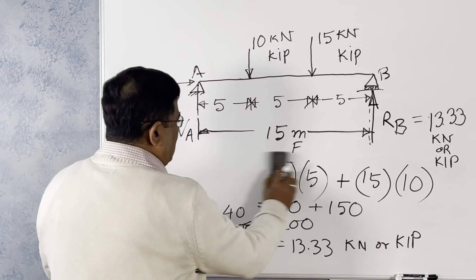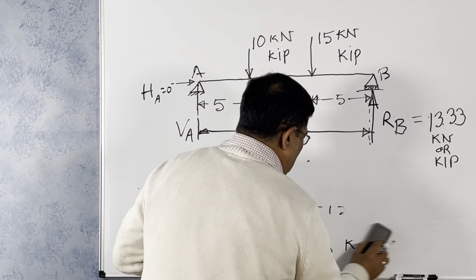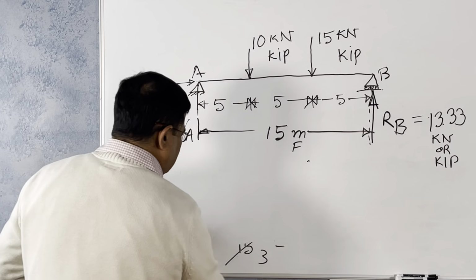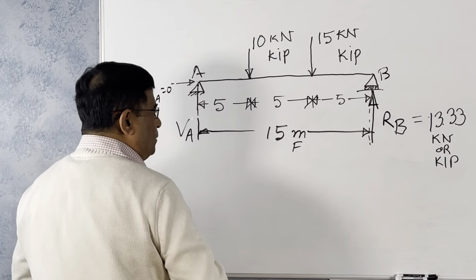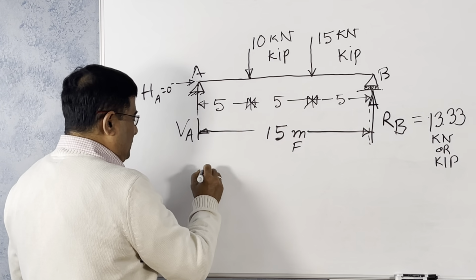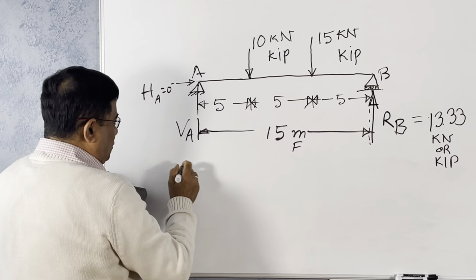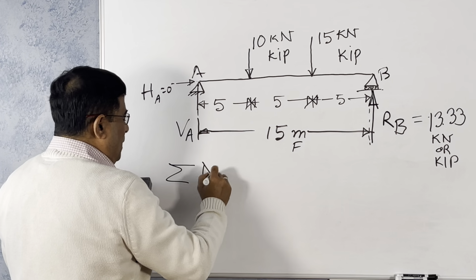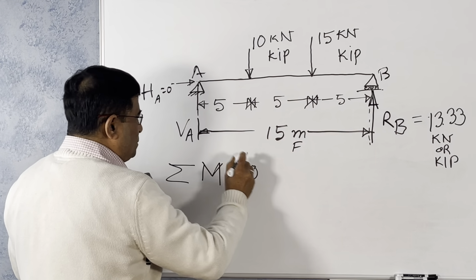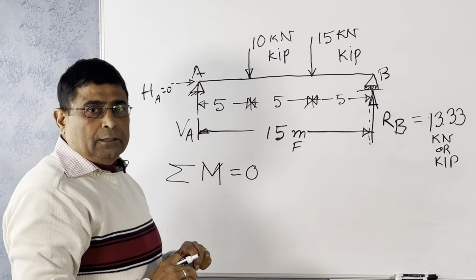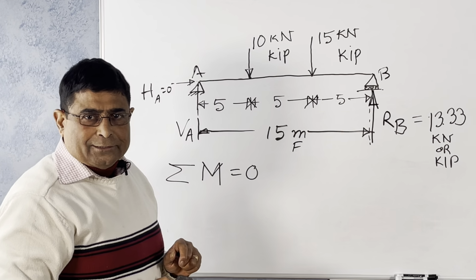Now find out what is the vertical reaction at B, or rather at A. We calculated this reaction by the equation, summation of moment equal to 0 at this point. The equilibrium equation.